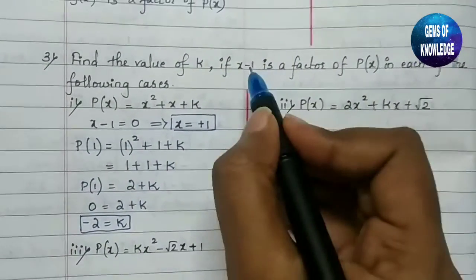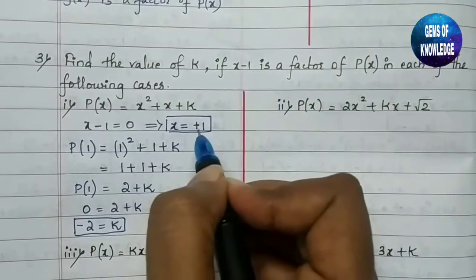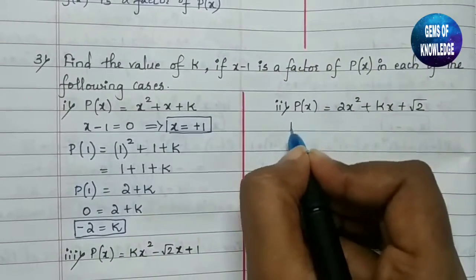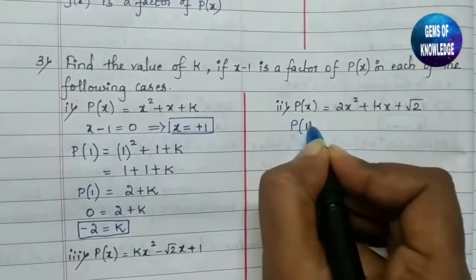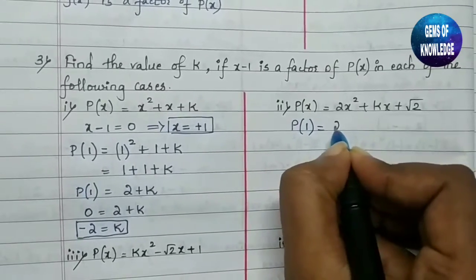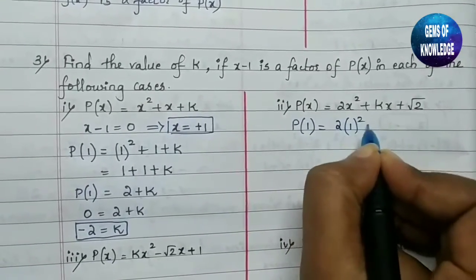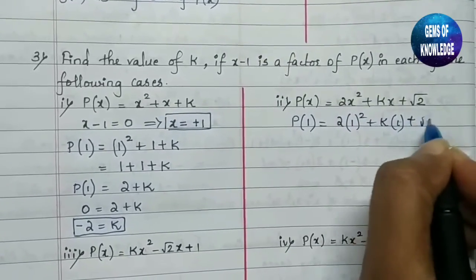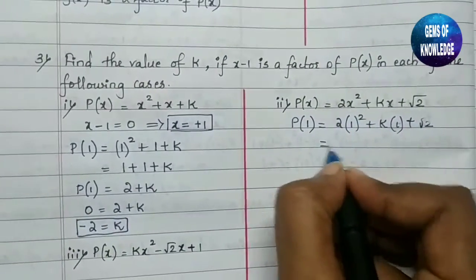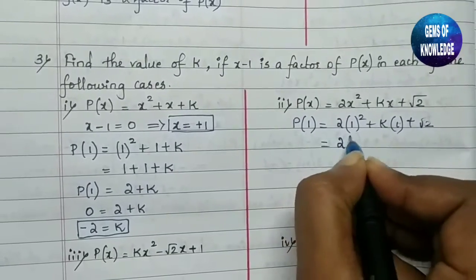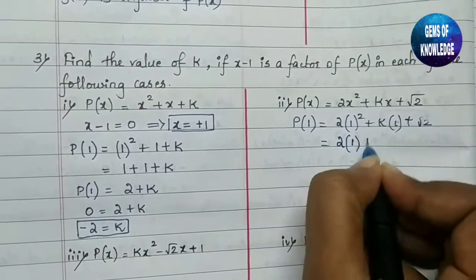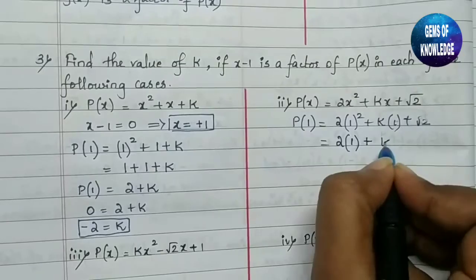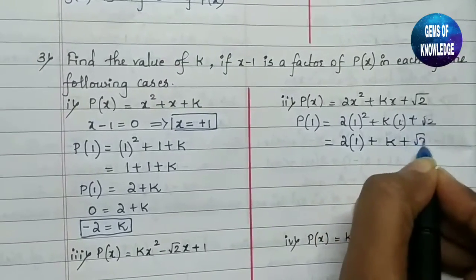Similarly, here the same thing, because the question is common for all the 4. So x value will always be plus 1 here. Let us directly substitute: p of 1 is equal to 2 into 1 square plus k into 1 plus root 2. So 2 into 1 square is 2, plus k into 1 is k, plus root 2.